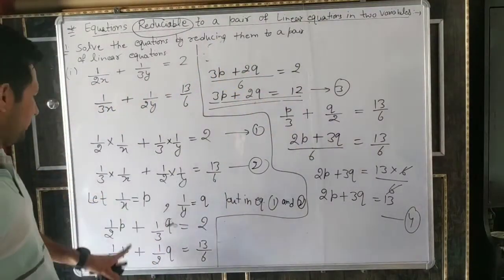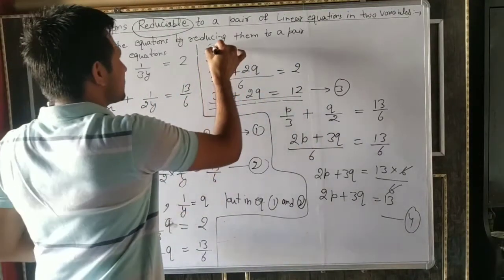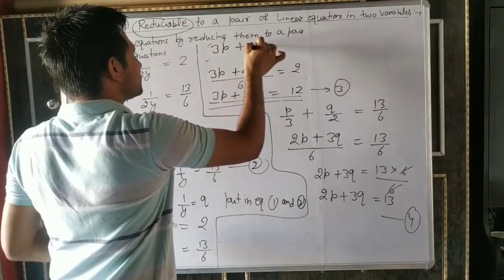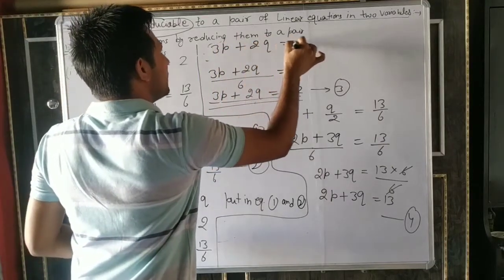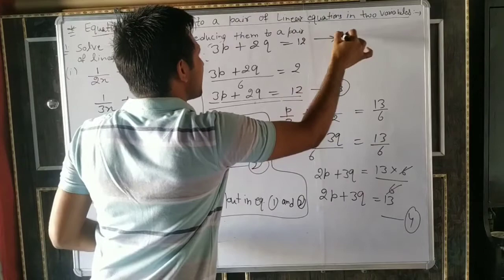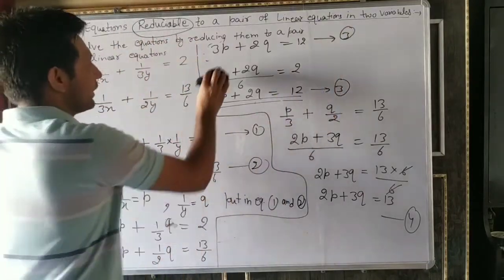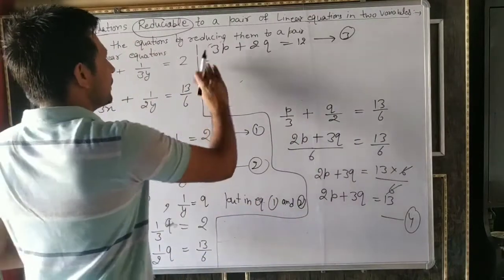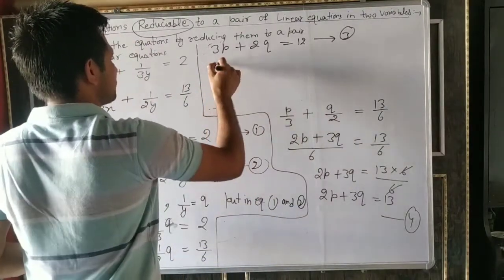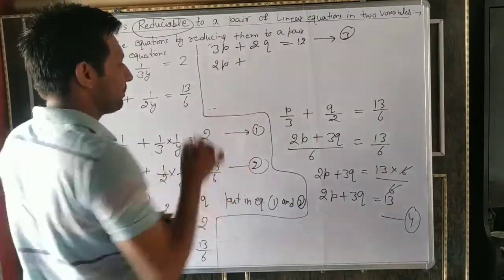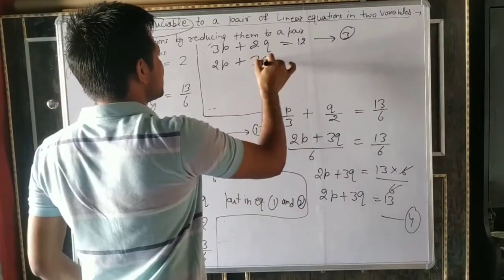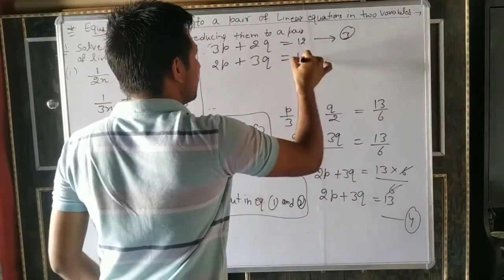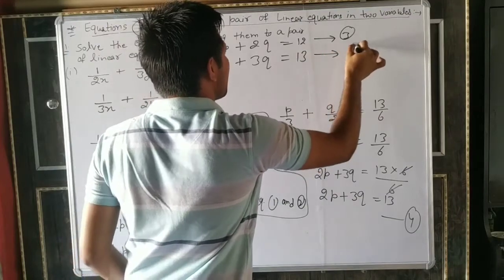First equation becomes 3p plus 2q equal to 12, equation 3. And now equation 4: 2p plus 3q equal to 13, equation number 4.